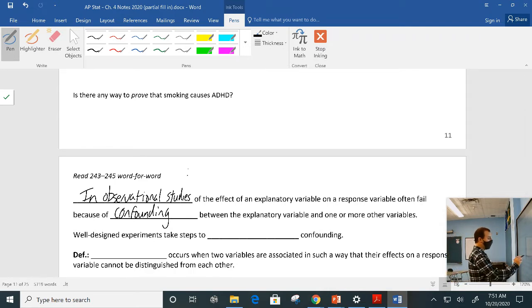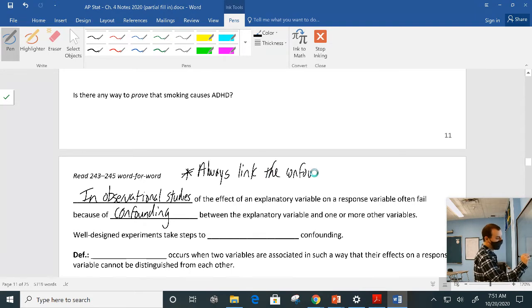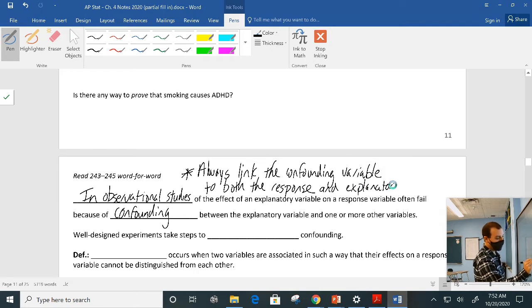It's important when you're always talking about confounding, you always link the confounding variable to both the response and the explanatory. So confounding refers to the idea as I can't determine if the response that I got was because of my explanatory variable or some other variable.